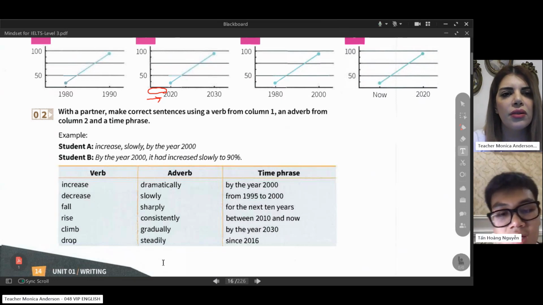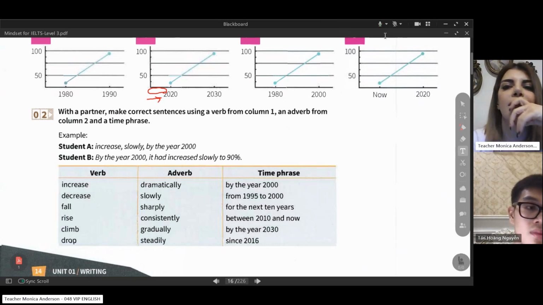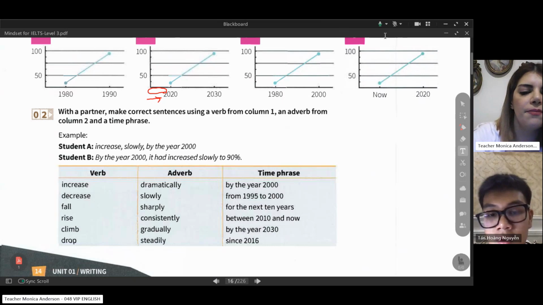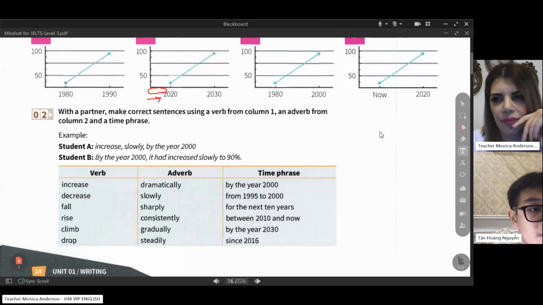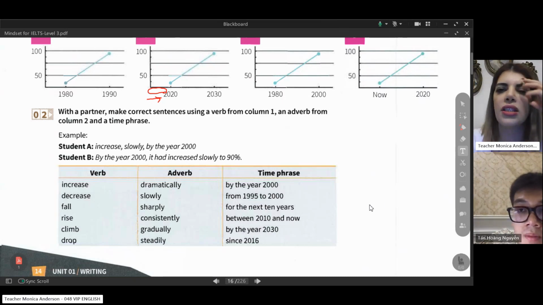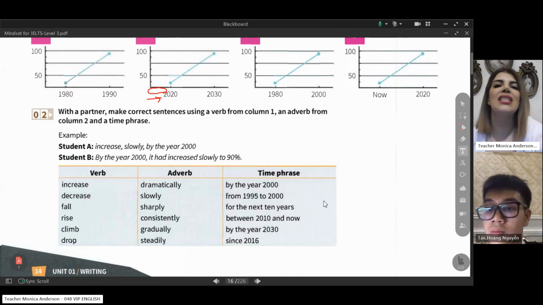What is consistently? Consistently, we have consistently, inconsistently. Do you know continuously? Okay. And in chart 4 we can also use consistently, right? Yes, of course. When something continues in the same way for a long time, we say consistently.